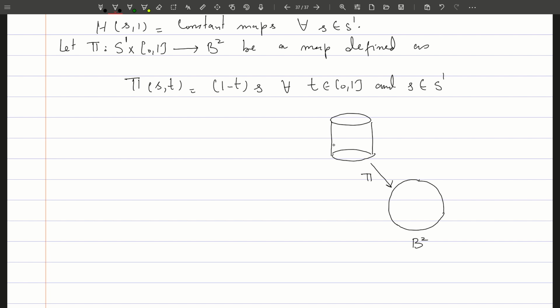Now what pi does: when we take t to be 0, we get s. This is the direction t over here. So when t is 0, we are giving input from this circle, so we get s back. I mean we get the boundary of this unit disk.